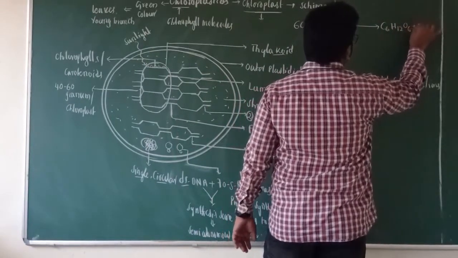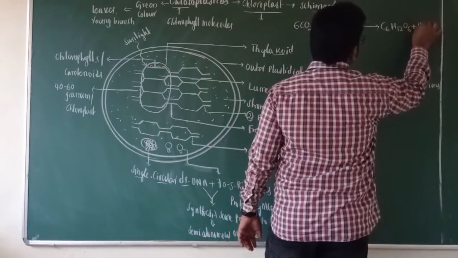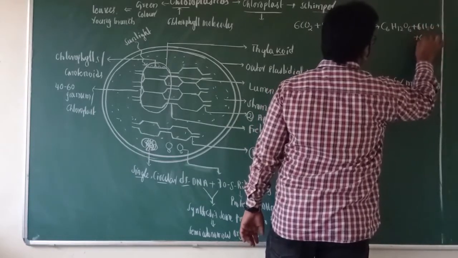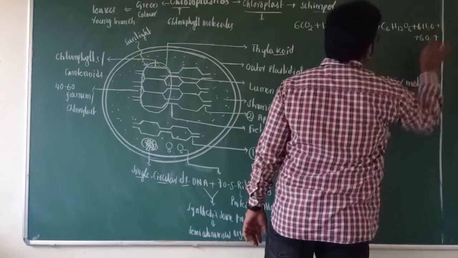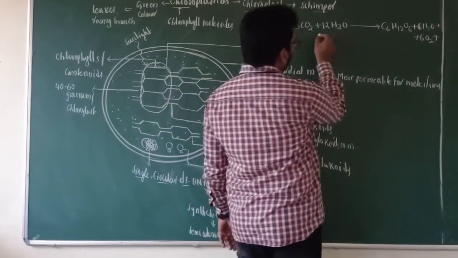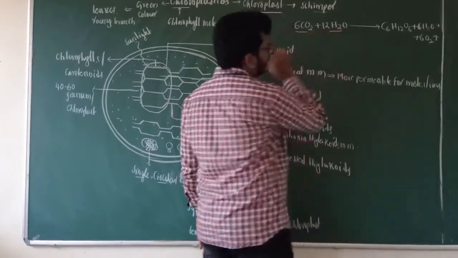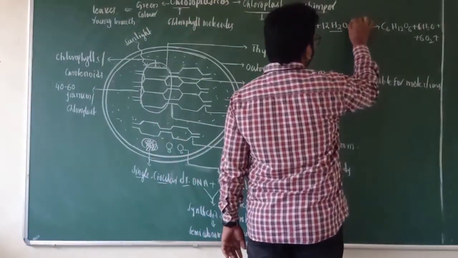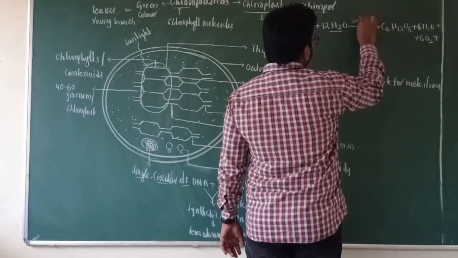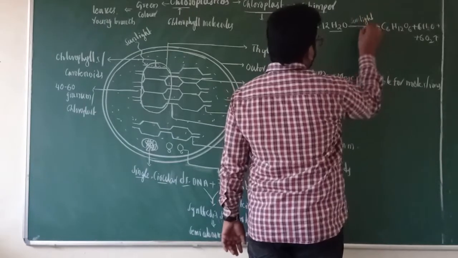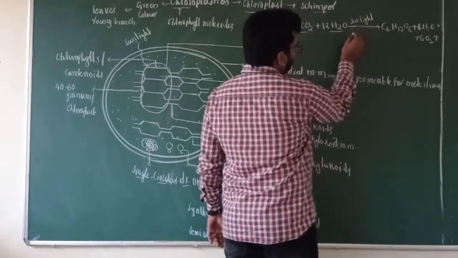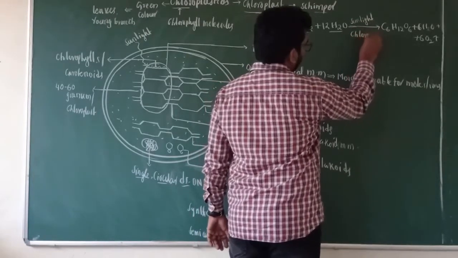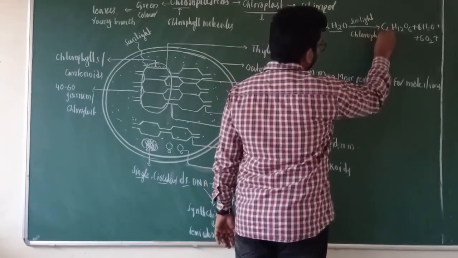C6H12O6, and the byproducts released are 6 water and 6 oxygen. The raw materials required are carbon dioxide and water, along with sunlight and the photosynthetic pigment, chlorophyll molecules.